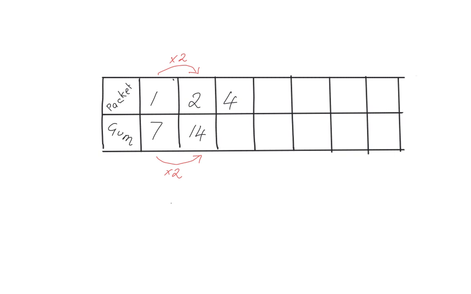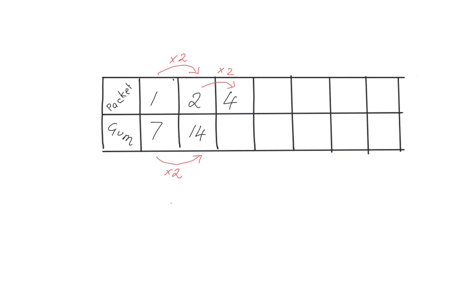Again, we'd ask our students to put your thumb in front of your chest when you've got an idea. In this case, students can see that it's a double again. To get to 4 packets of gum, we could double 2 packets. If we've doubled the packets, we have to double the sticks of gum.